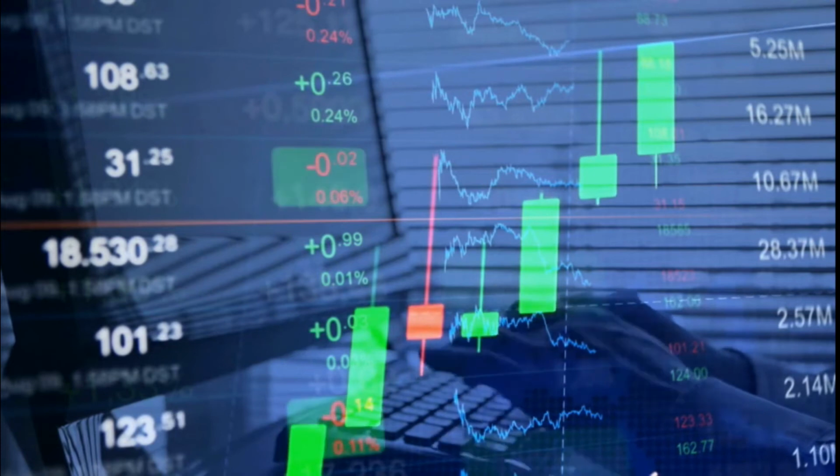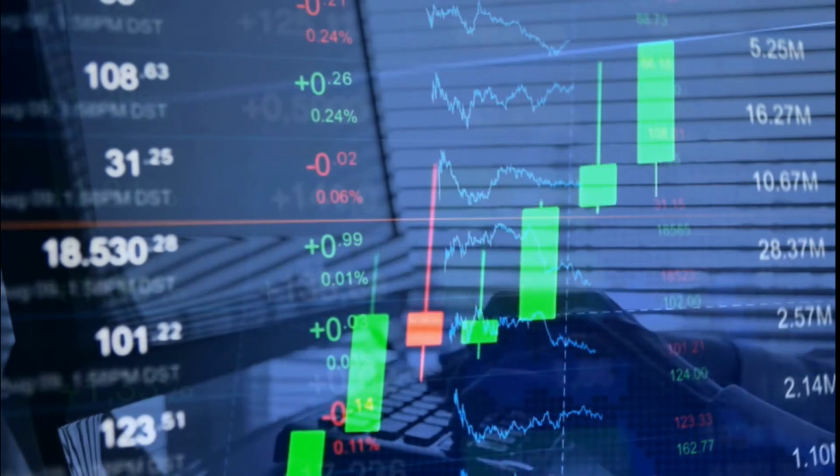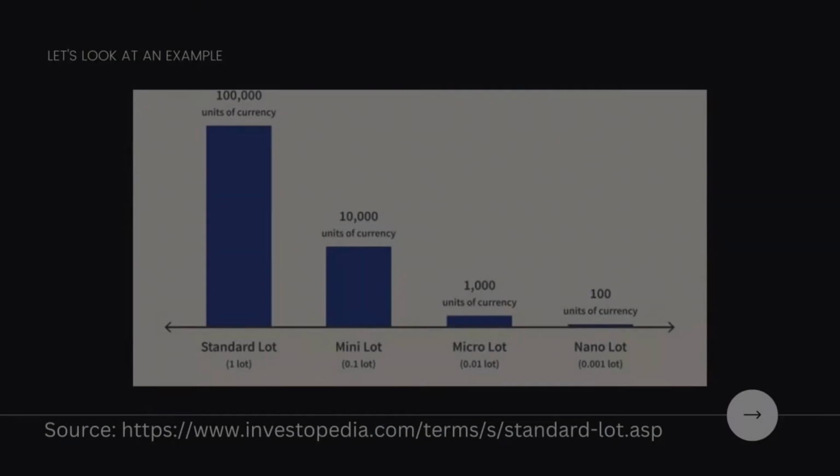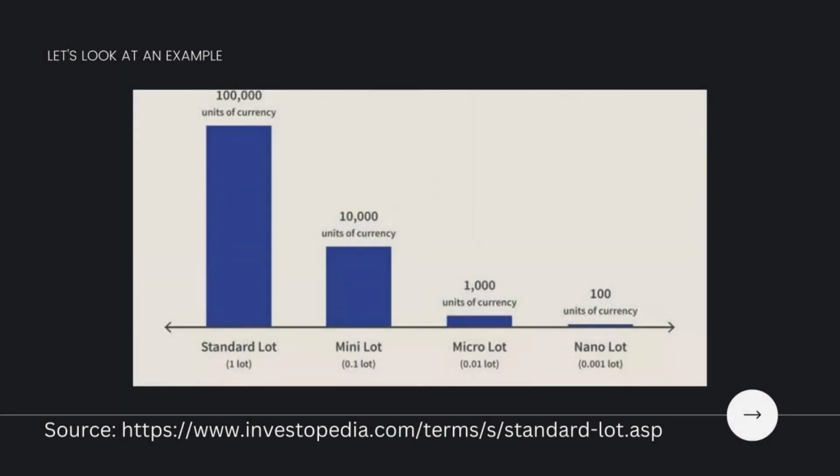When you place orders on your trading platforms, orders are placed in size quoted in lots. The standard lot size is 100,000 units of currency. And then there's also mini, micro, and nano lot sizes, which are 10,000, 1,000, and 100 units.